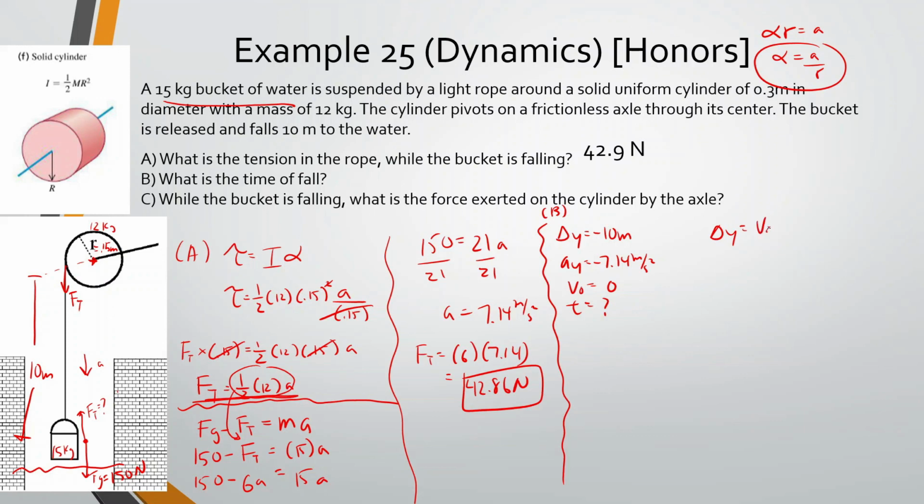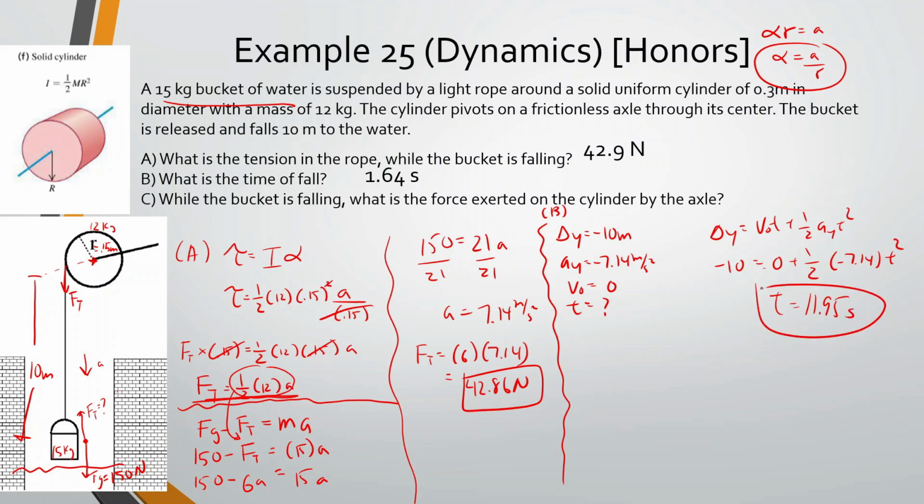So now let's find this. Displacement of y is equal to v initial t plus 1/2 ay t squared. -10 is equal to 0 plus 1/2 -7.14 t squared. And let's do some algebra. -10 times 2 divided by 7.14, negative square root of that, and we get 11.95 seconds.